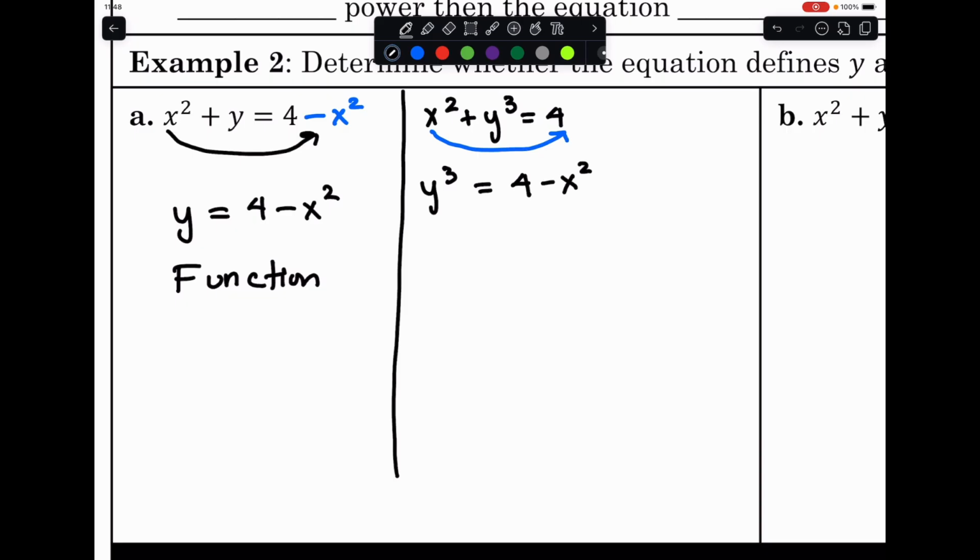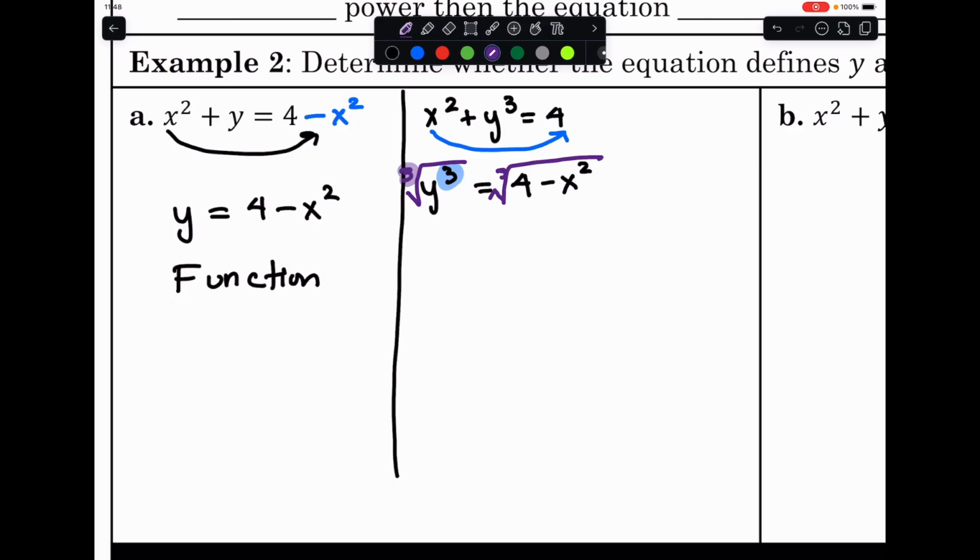Now, in this situation, because we have this power of 3, the way to solve this equation is to take the third root. Of course, the general rule when it comes to equations is whatever I do to one side, I do to the other. So I'm going to take the third root also to the right side.